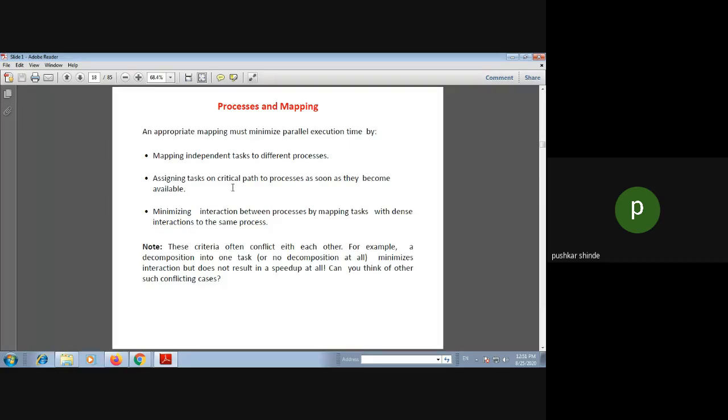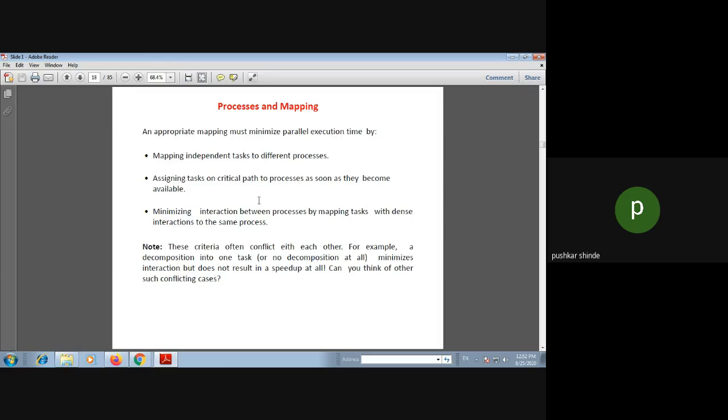Also, assign tasks on the critical path to processes as soon as they become available. You know the critical path: the longest path in the task dependency graph is the critical path. So the critical path should be allocated to processes as soon as they are available.